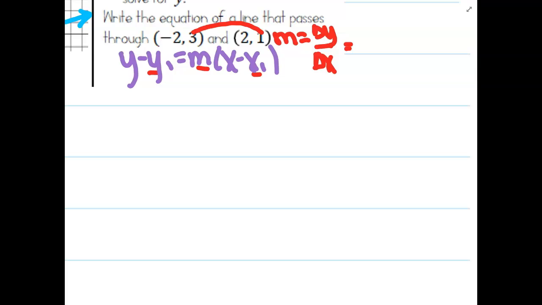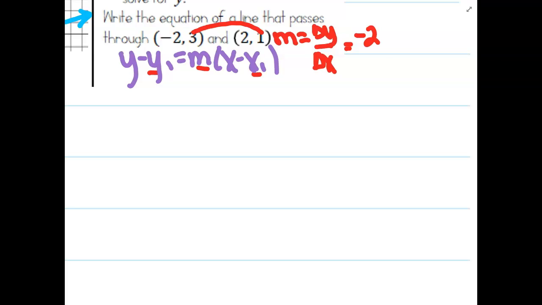You need the direction and the distance. So what's the direction from 3 to 1? Negative, right? Going backwards. And what's the distance to get from 3 to 1? 2. So it'd be minus 2. The change in y is minus 2. Guys, look at this. If you did y2 minus y1, 1 minus 3, what do you get?